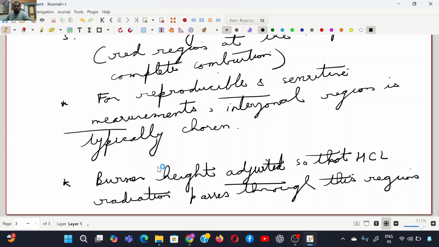The secondary combustion zone is the upper part of the flame, and over here there is complete combustion, but this is not useful for analysis.